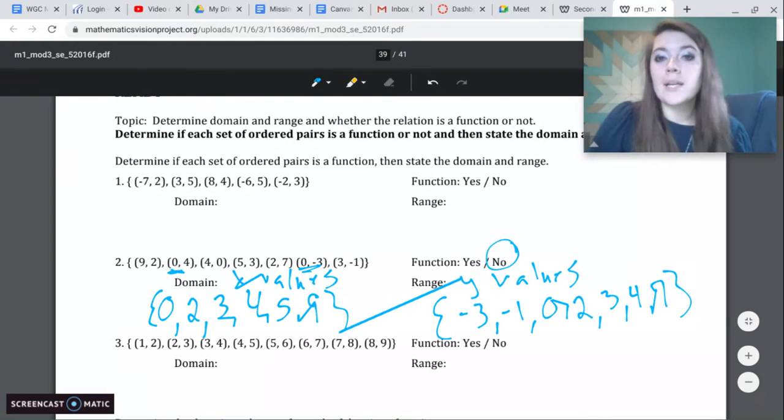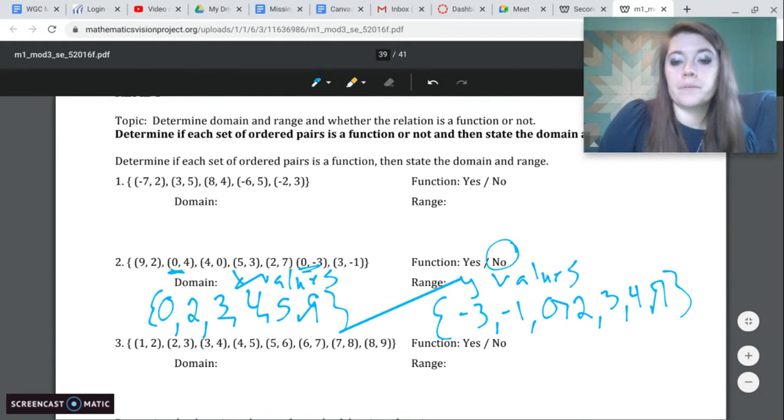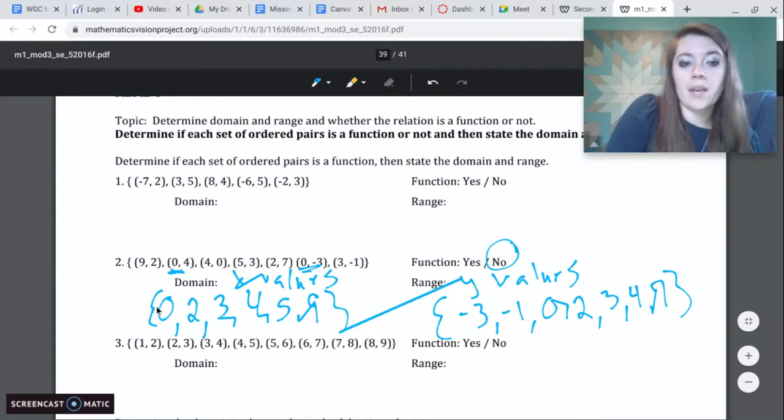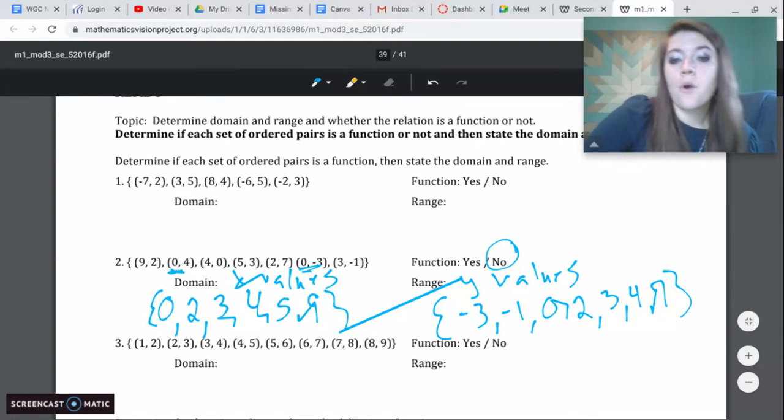Another way to tell if you have a function or not is, notice our domain has 1, 2, 3, 4, 5, 6 values in it. So it has 6 elements, whereas our range has 7 elements. The range has more values than the domain because the 0, we don't write the 0 twice because it's the same value. We only write it once. We never write it twice.